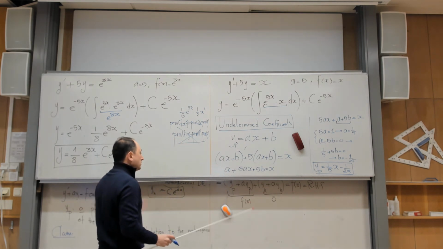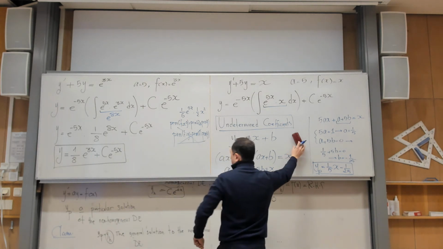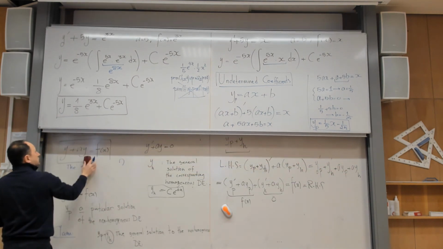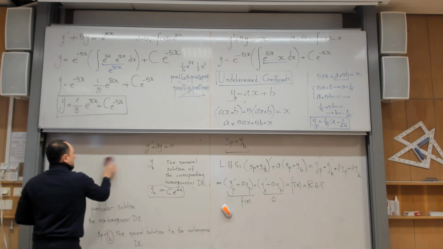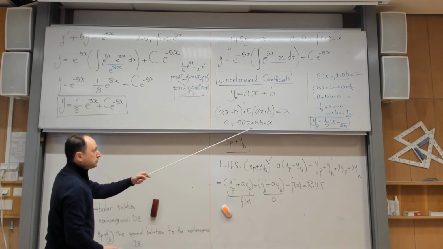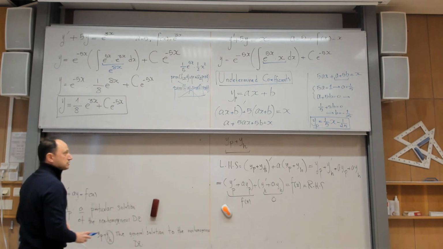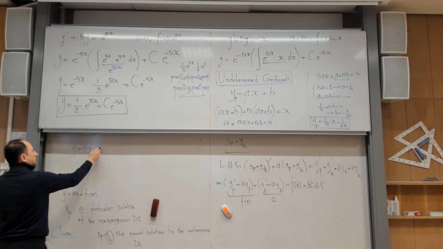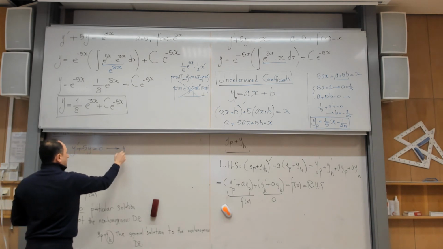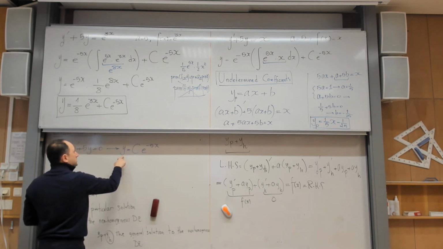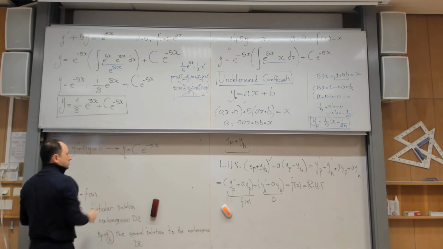So if I ask you to find the general solution, what do you do? If I ask you to find the general solution of that differential equation, you will tell me that I found a particular solution instead of the general solution. That's good. But I write the homogeneous one and find the general solution. That formula is in the formula sheet. So y becomes c e to the power of minus 5x. If I ask you what is this in my notation, this is y sub h.